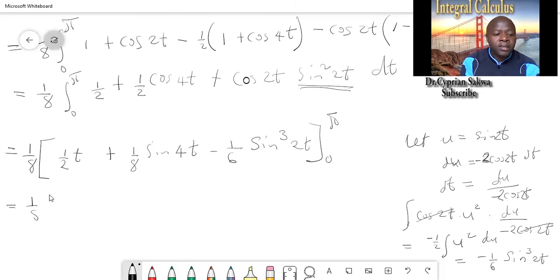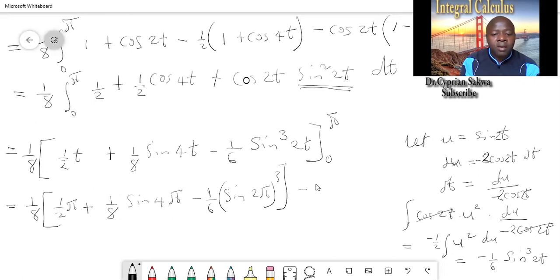1 over 8 into, just put pi, half pi plus 1 over 8 sine 4 pi minus 1 over 6 sine 2 pi cubed, then minus, if I put 0, I would have 0.